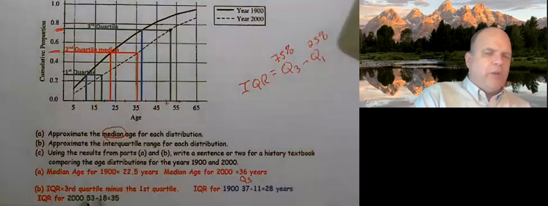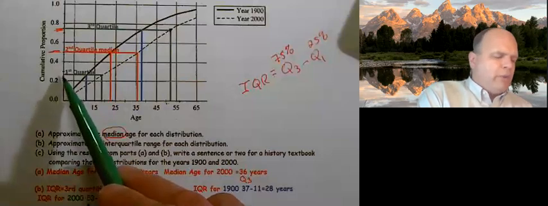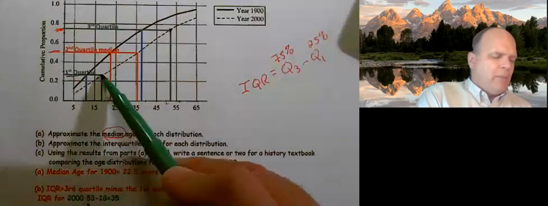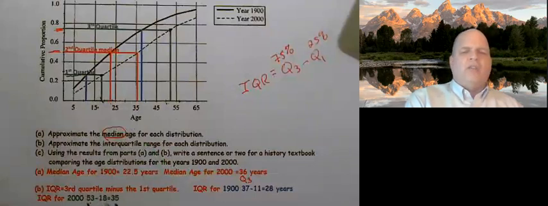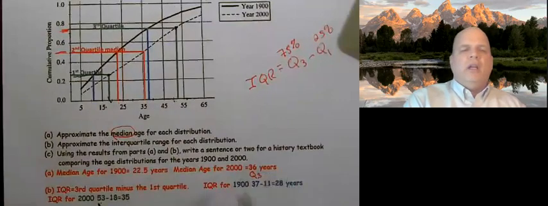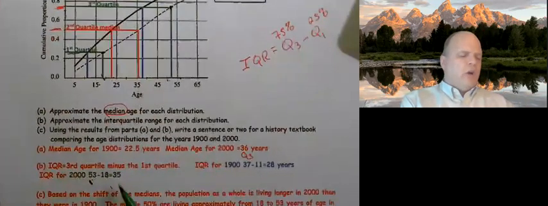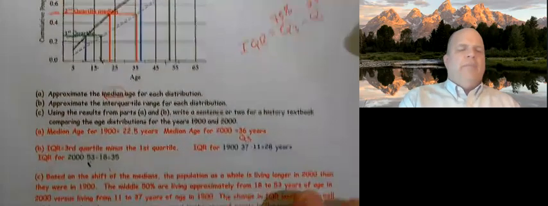Then for the 25th percentile, or Q1, I did the same, and somewhere between 15 and 20, I said it was 18. So 53 minus 18 is 35. So we have a broader range for the middle 50% in 2000 than in 1900. The IQR is larger, so ages are a little more spread out in 2000 than in 1900.